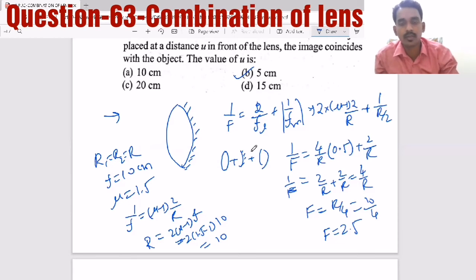If you place it at a distance of 5 centimeter, then the combination will behave like a concave mirror of focal length 2.5. That means the center of curvature will be located at 5 centimeter. Then if the object is at the center of curvature, the image also coincides with the object.